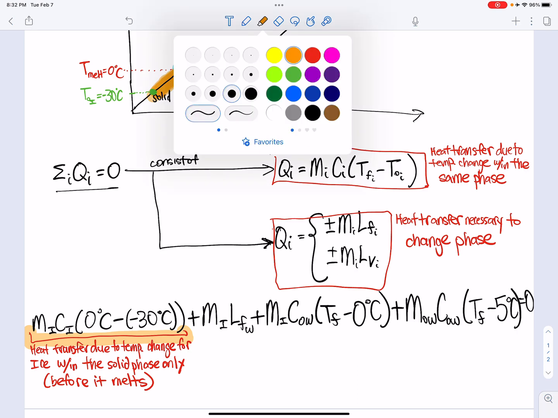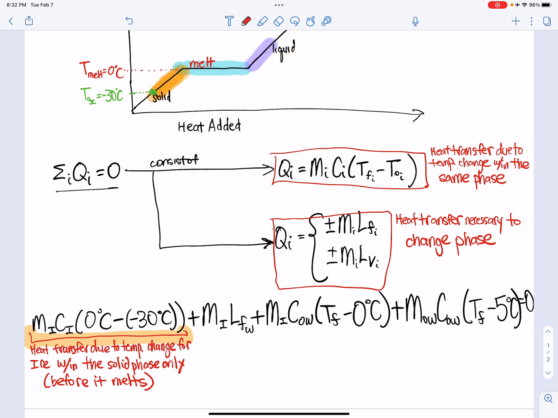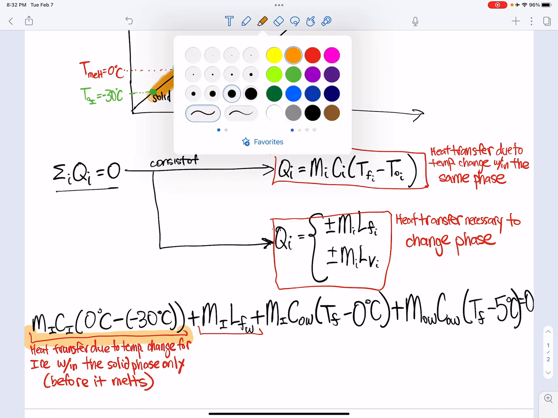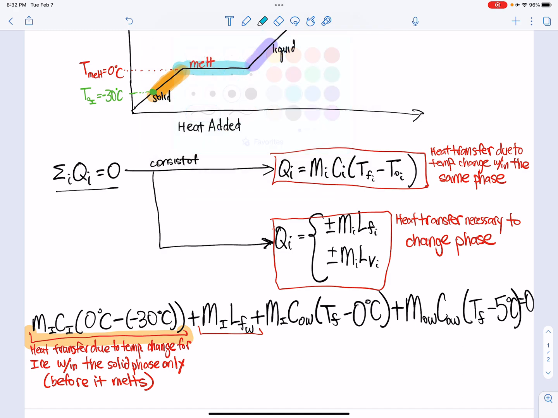And then this part of the equation is for the heat transfer of ice necessary to change phase when it melts. So that corresponds to the melting part right here. So that is heat transfer for ice necessary to change phase when it melts, right?